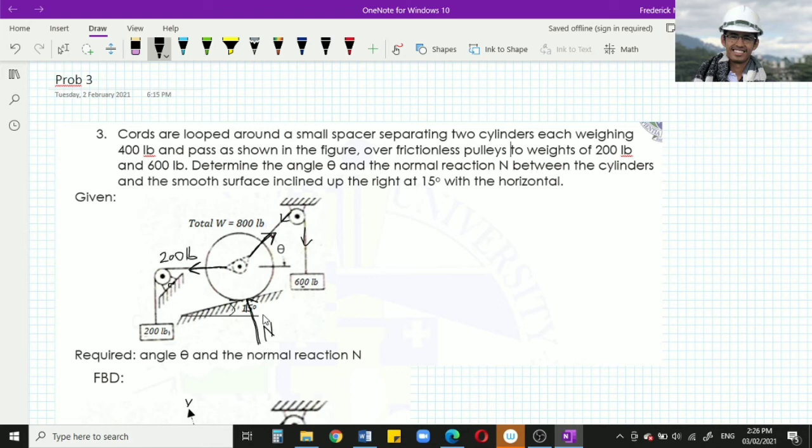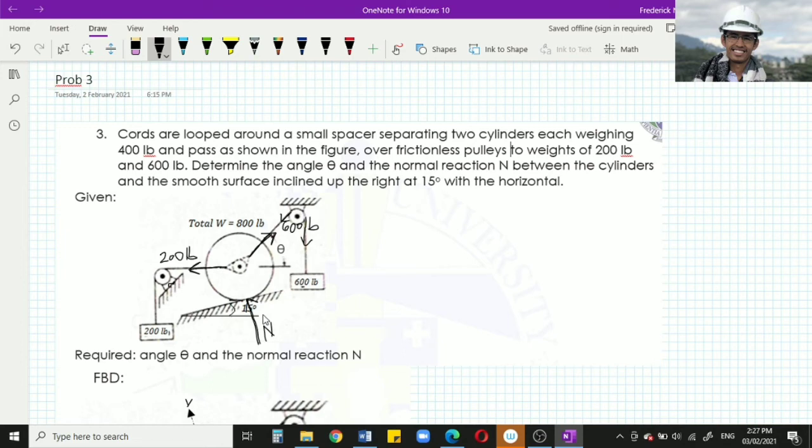And this is also 600 pounds. And then yung weight natin, so we have the cylinder, yung magiging total weight natin will be 800 pounds kasi sabi niya dito, separating two cylinders each weighing 400 pounds. Okay, so total 800 pounds.